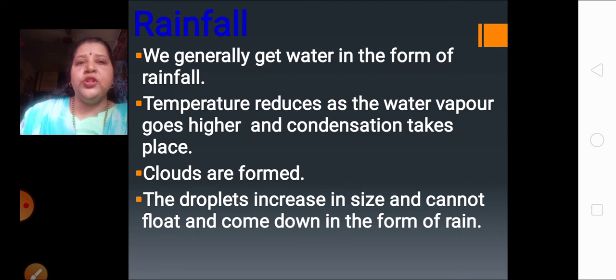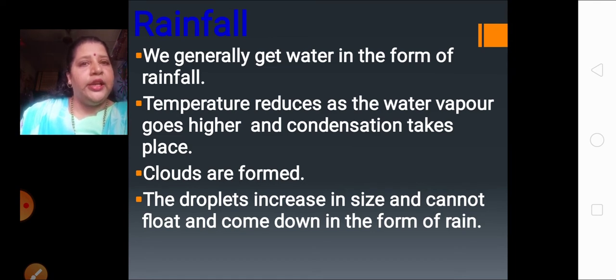As you all know children, at a height, at an altitude, the temperature goes on decreasing. So the vapor which has traveled into the atmosphere at a higher altitude condenses to form clouds. So what are clouds? Clouds are just an accumulation of this condensed material along with the dust particles.